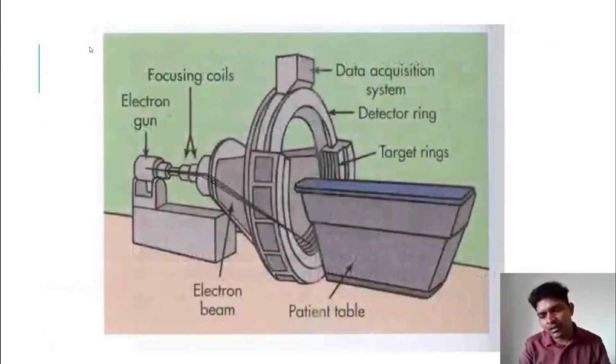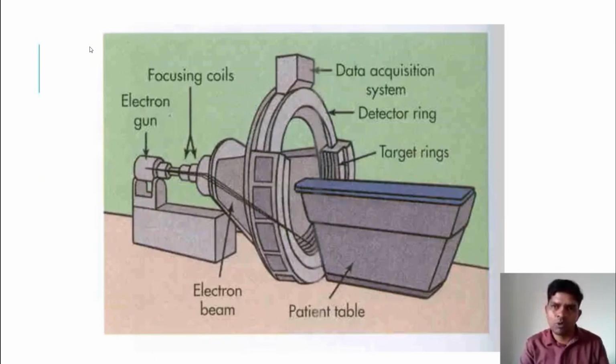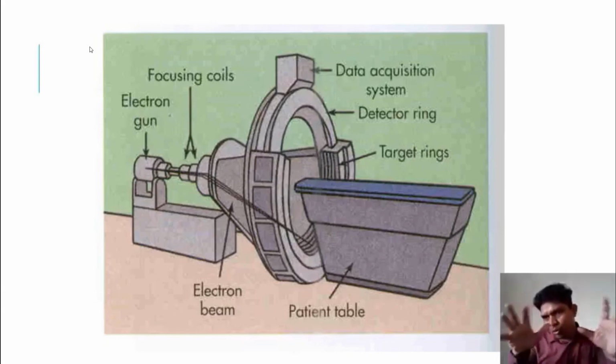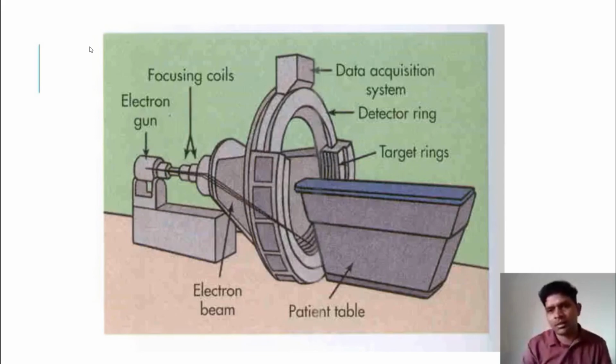This is how it was working. It's like the X-ray tube: inside the X-ray tube, from the cathode to the anode, the electron hits, and the same thing was created in this whole CT machine.